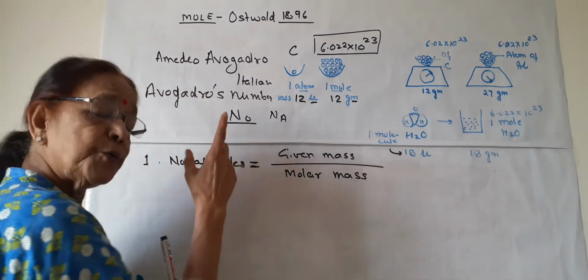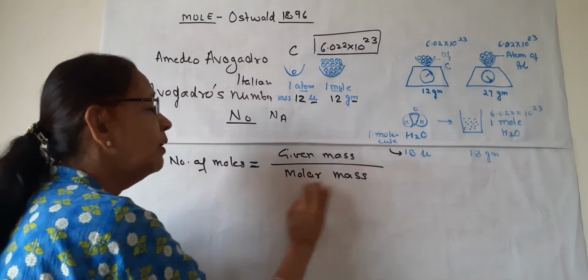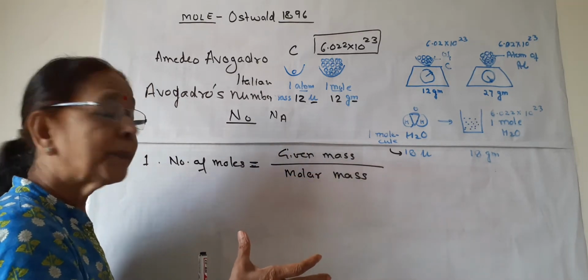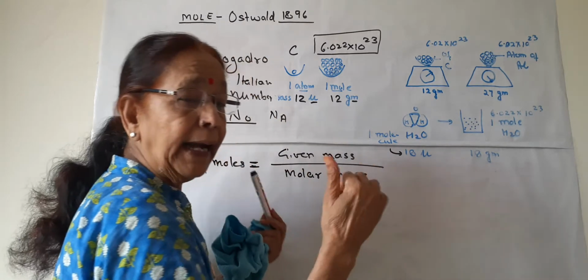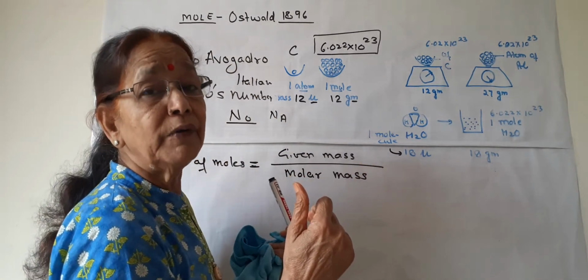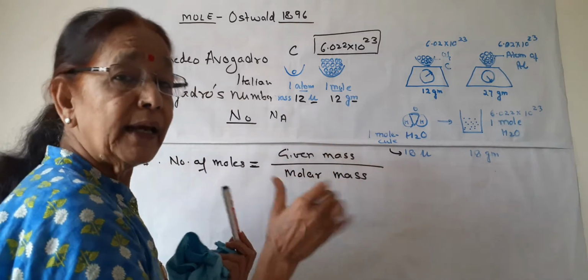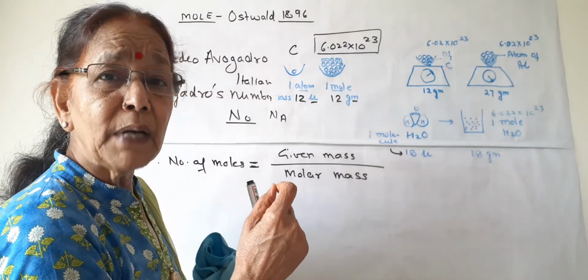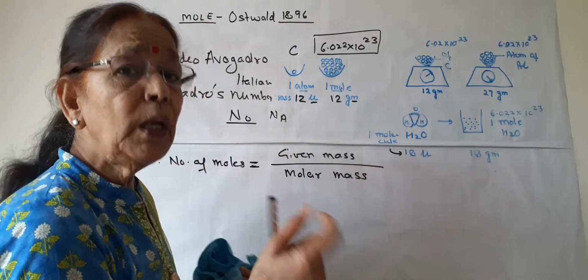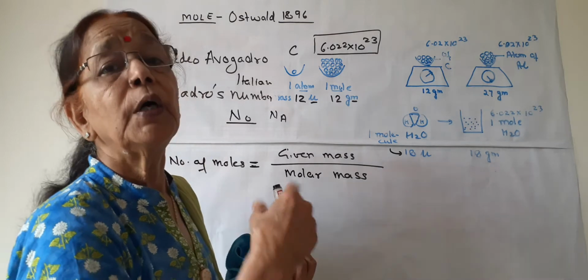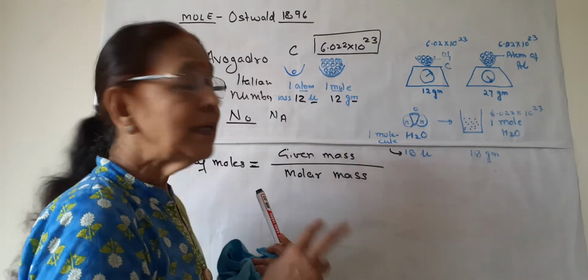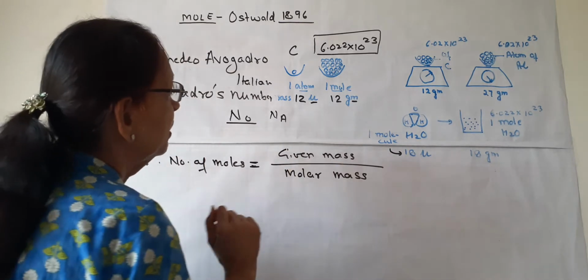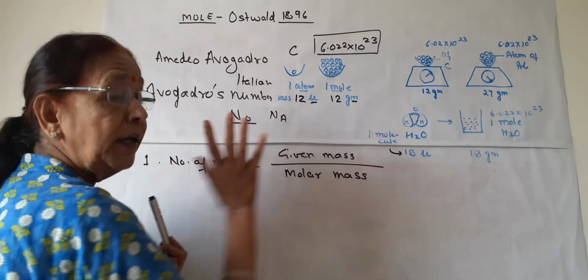Given mass should be given in the numerical, and molar mass can be given or we can calculate it by adding all the atomic masses of the atoms in that molecule and then changing U to gram. We will do some numericals and then you will understand. So number of moles is equal to given mass divided by molar mass.